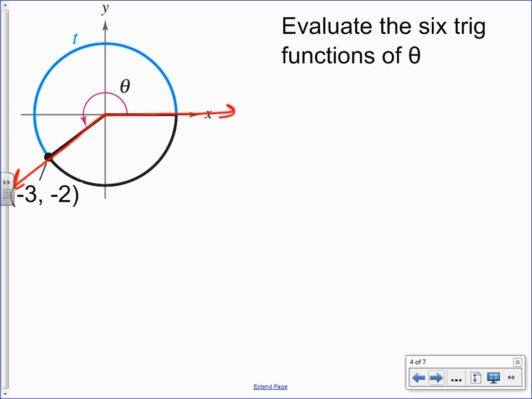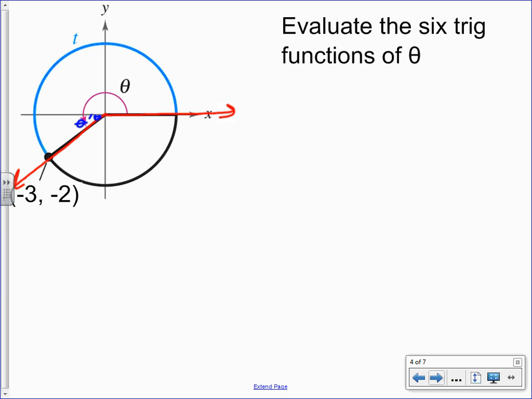Now we don't know anything about the measurement, but we do know that this right here would be the reference angle. Do you agree? That is its reference angle?